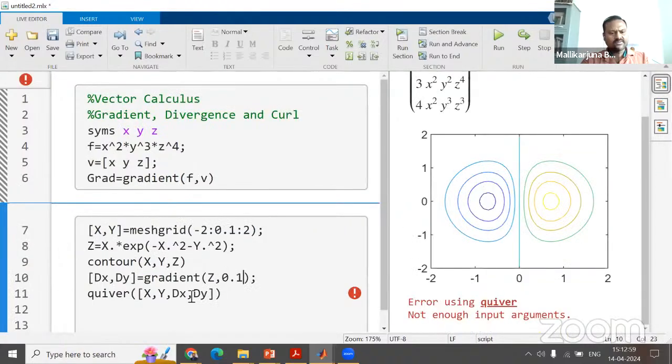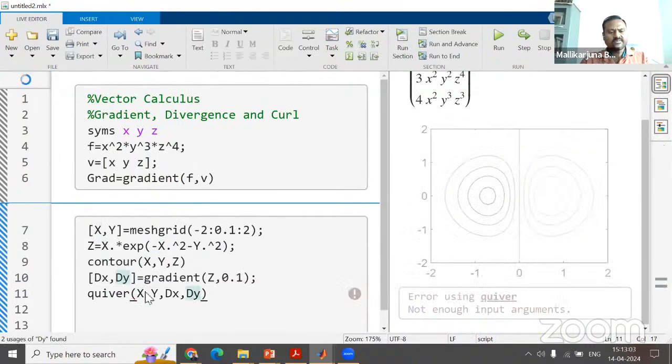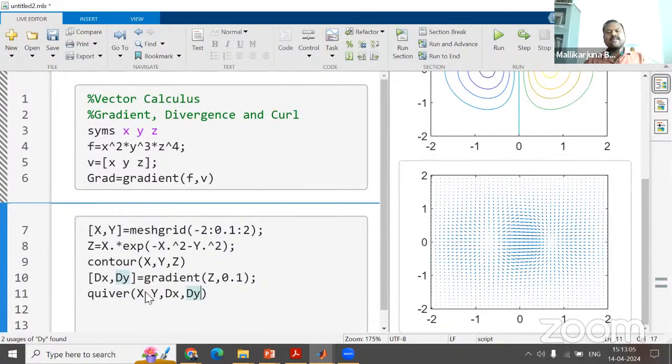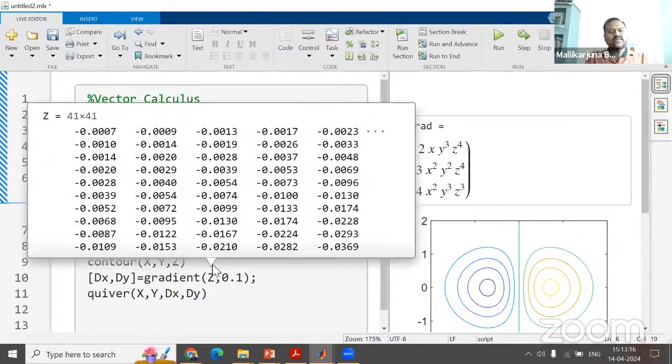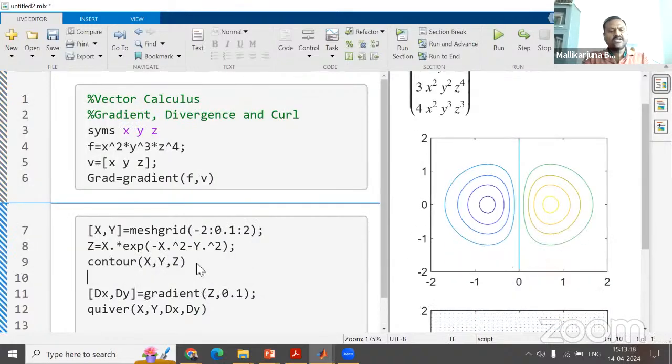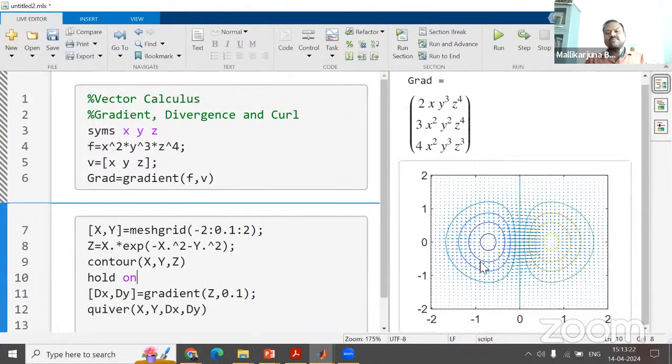See, both graphs are appearing differently. If I merge both, let me take here what I am doing. You can see both. We know what the gradient is?